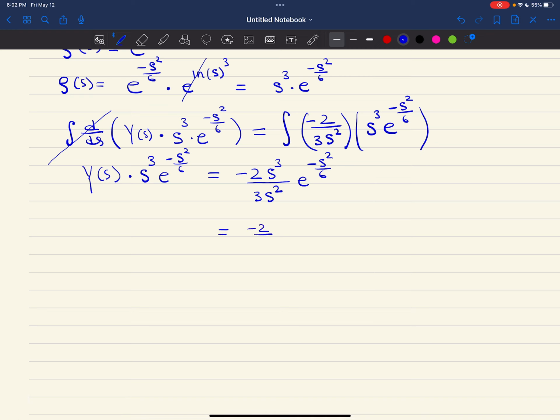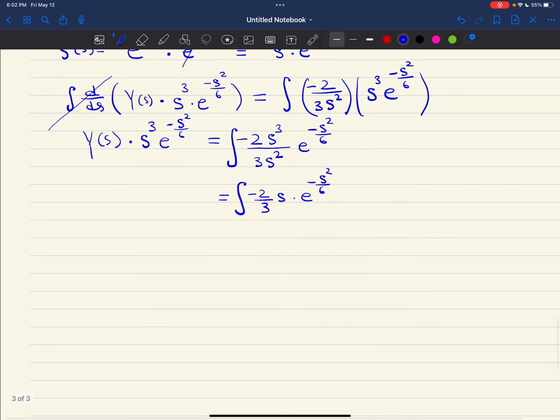You would get negative 2 over 3 times just s, and then e to the power of negative s squared divided by 6, right? So that's much simpler. So always try to simplify first before integrating, because then it just makes your life easier. Forgot the integration part here.